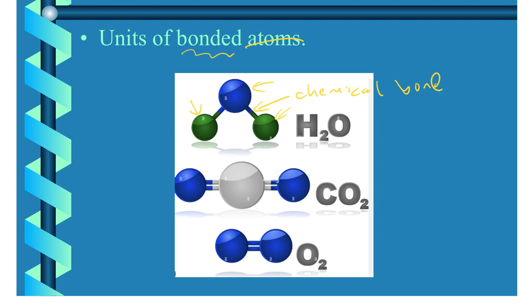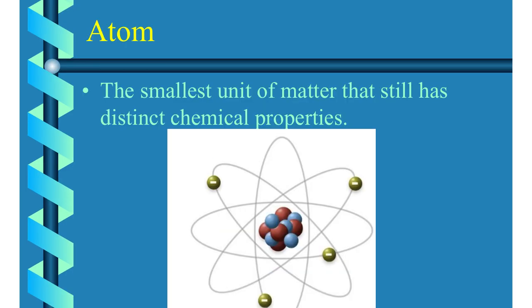We got carbon dioxide, 1 carbon bonded to 2 oxygens. And we got oxygen gas, two oxygen atoms bonded together. Just for example. Now, each of those balls in the other picture is considered an atom. Okay.